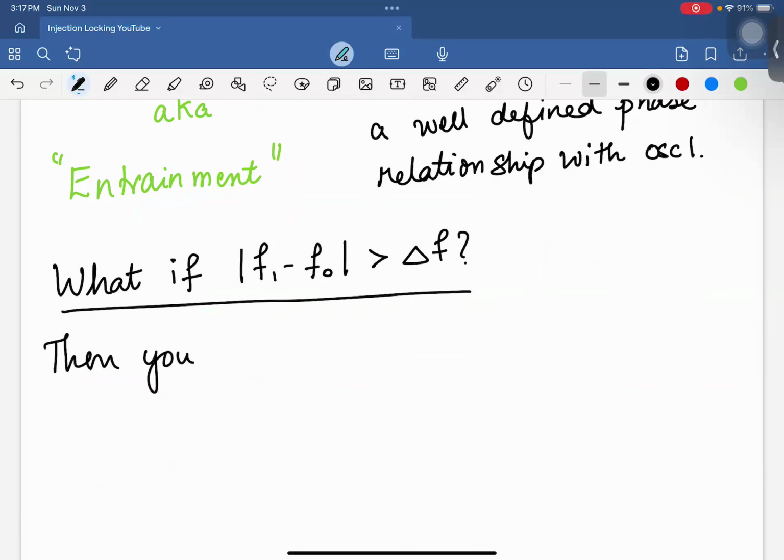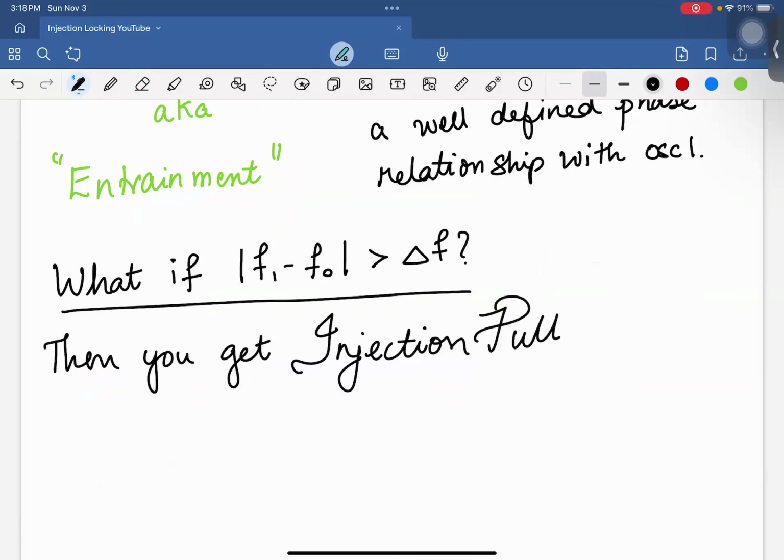Then you get another related phenomenon called injection pulling.